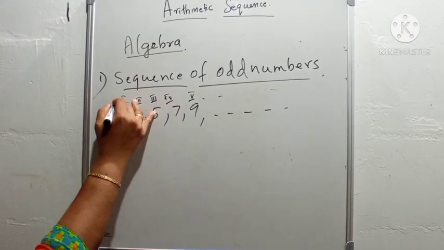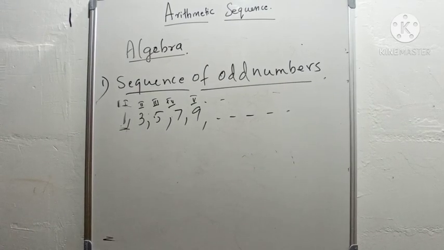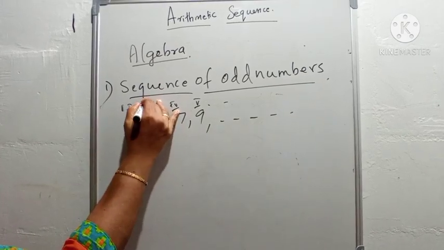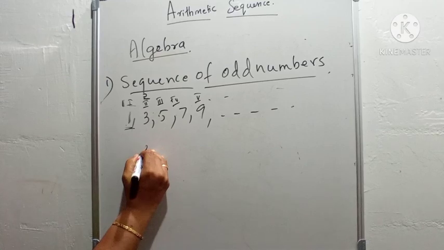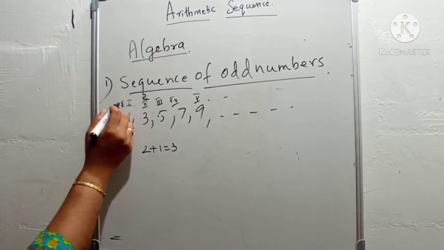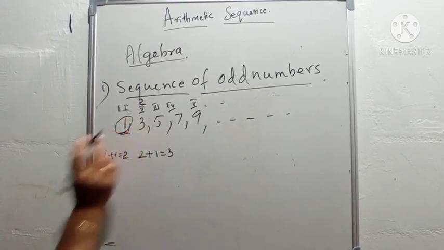Between 1 and 1, we can't find any relation, right? What about the relation between 2 and 3? We know that 2 plus 1 is 3, but that is not the relation. Here 1 plus 1 is equal to 2, but the number here is not 2.